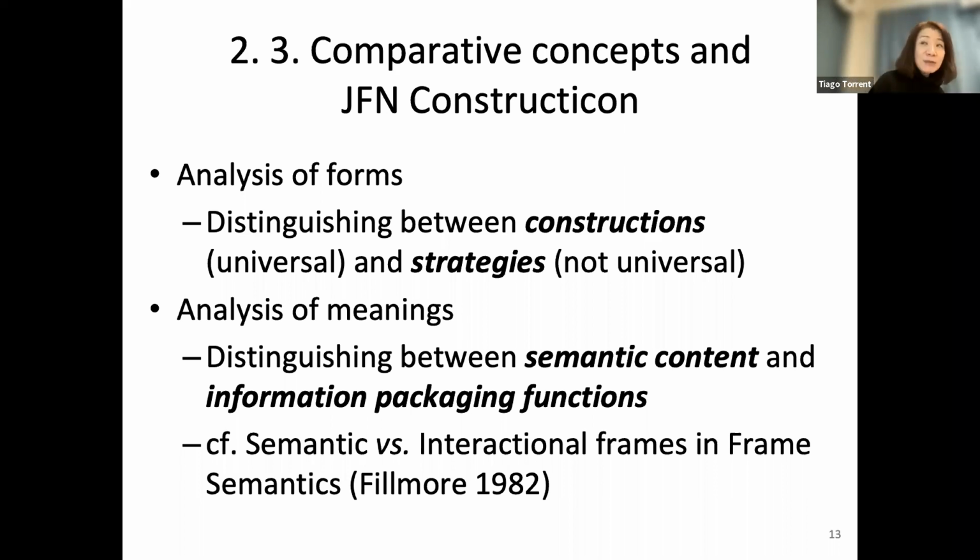And when we analyze meanings, we need to separate semantic content from information packaging functions. And as I mentioned earlier, in frame semantics, we have these two kinds of frames.